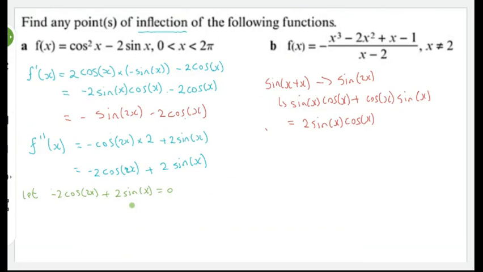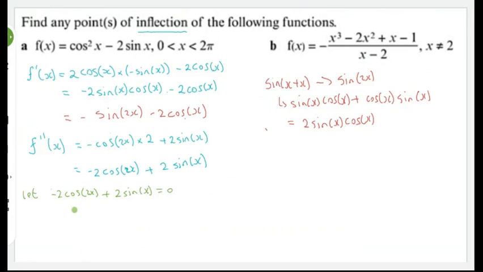So firstly, we need to now use identities again to change this back into something that we do know in terms of cos. First of all, let me get it to one side. So let's divide everything by 2, and let's take the cos x over to the other side.